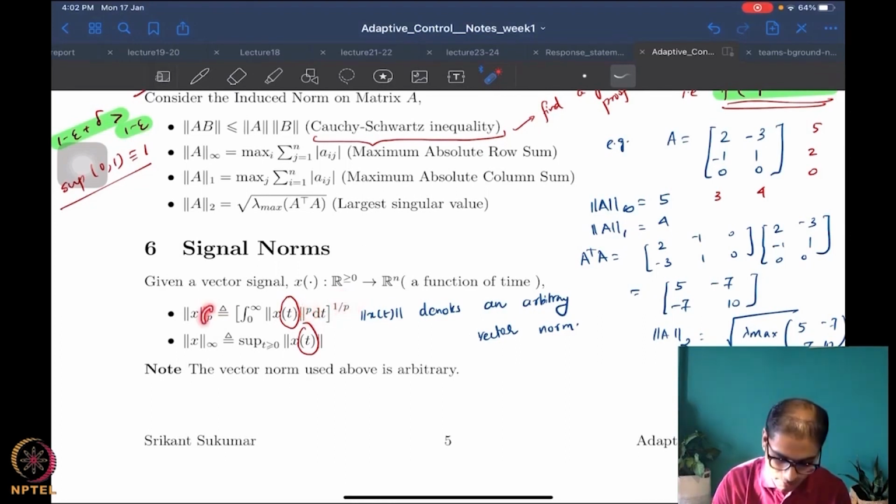This p has no connection to which vector norm you use. Right? So you're free to use any vector norm. The only requirement is that for one complete problem, you should not use different vector norm notions. You should use the same vector norm for every norm computation in a particular problem. Otherwise, there will be inconsistencies in your result. Yeah, that's all you need to remember. Otherwise, this is an arbitrary choice. Okay.